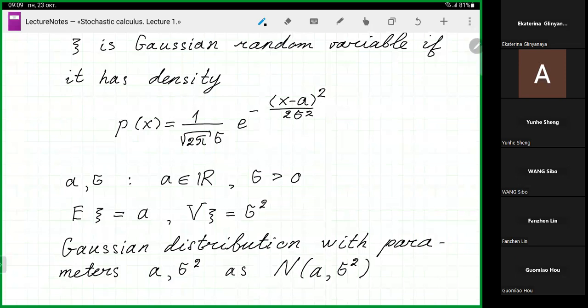Sometimes it is called normal distribution due to its role in mathematical statistics and the central limit theorem, which we will mention in the future.